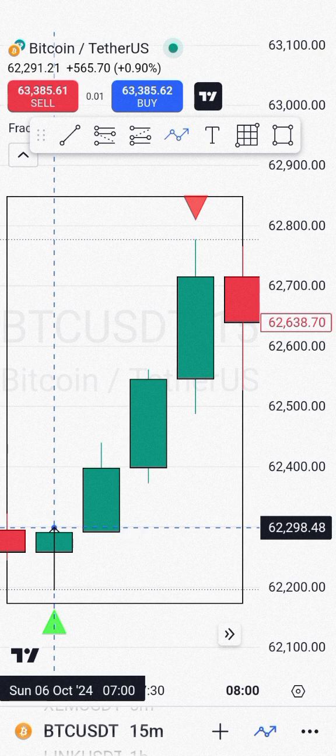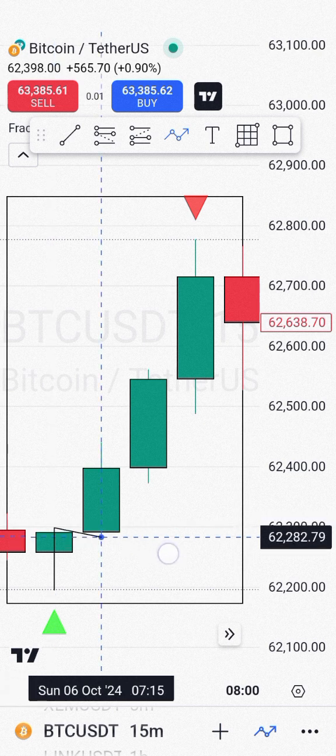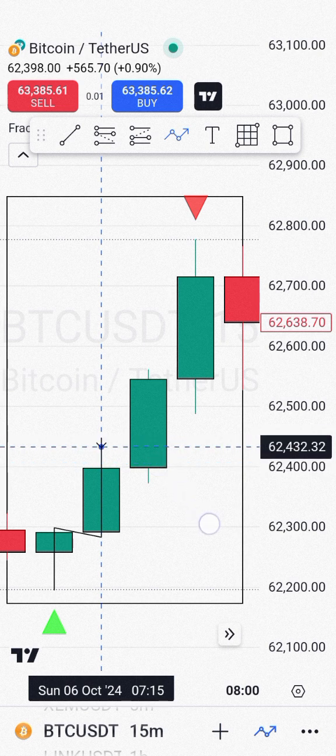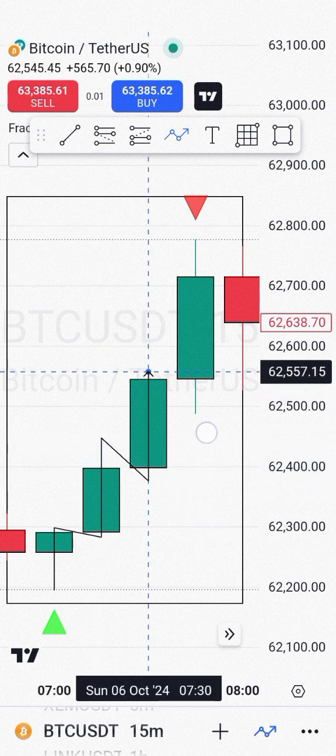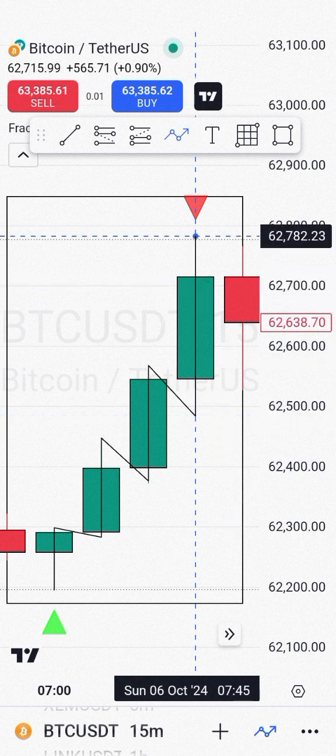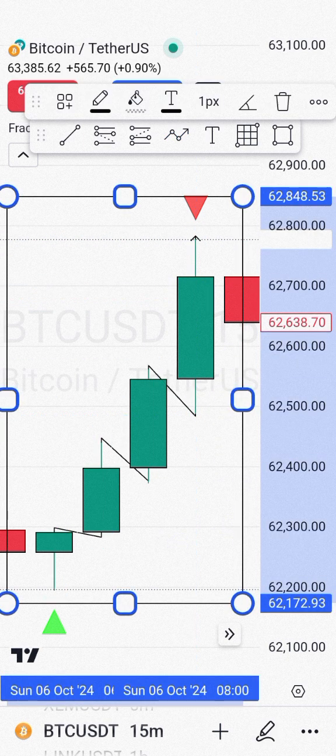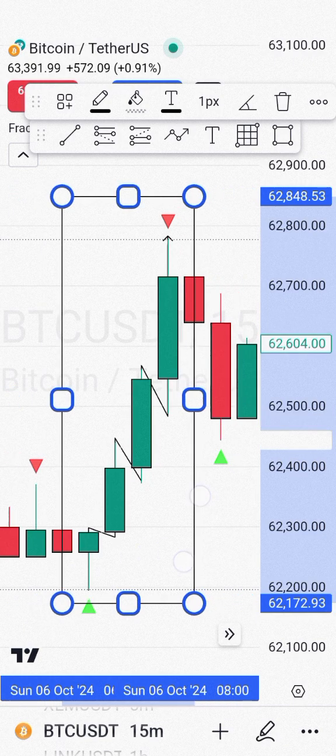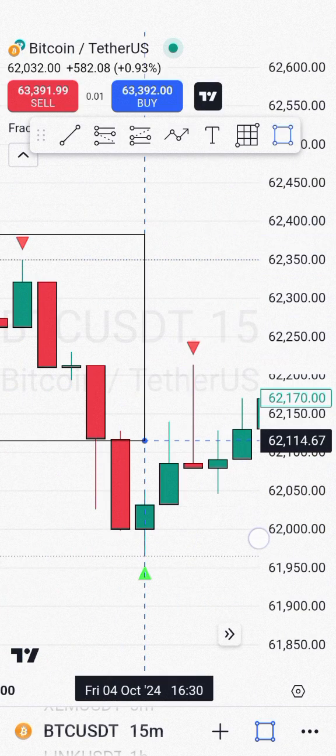You can see it started from down here, and the next candle broke higher than the high of the previous candle. So it keeps breaking the high. So you can note the difference: it keeps breaking the high, not the low, the high. So that is for buyer's candle, buyer's impulse. The high of the previous candle keeps getting broken to the upside. So that's for the impulsive buyer's candle.